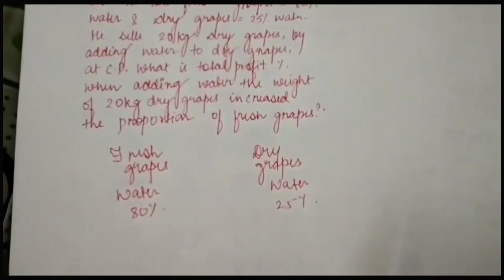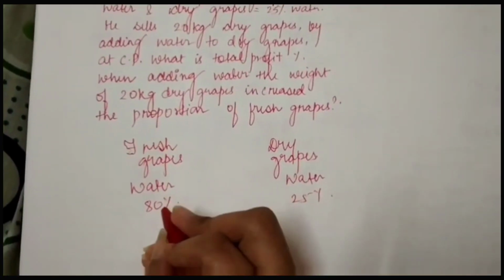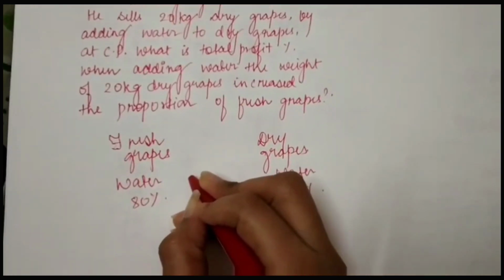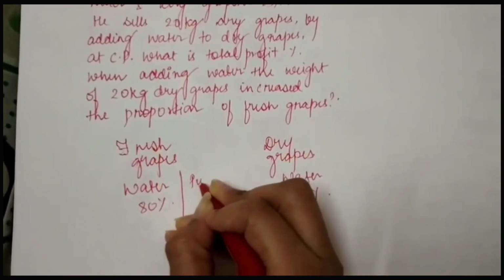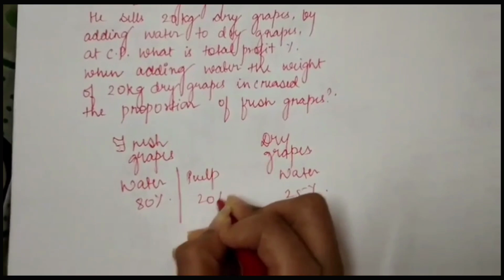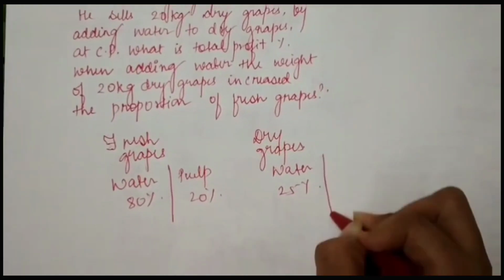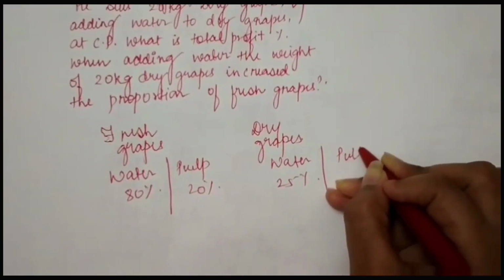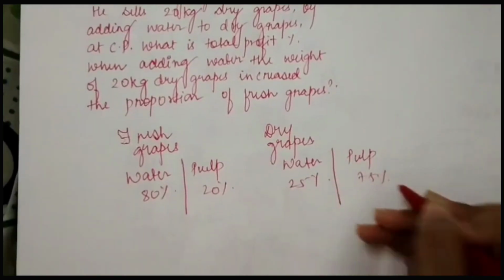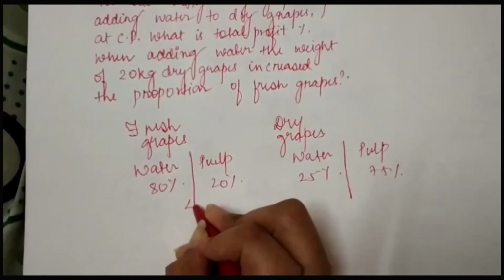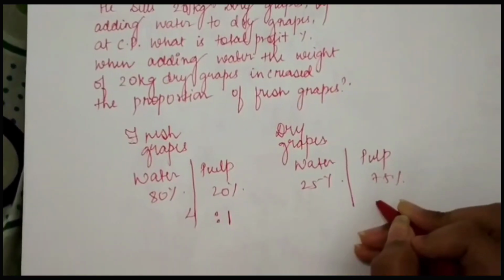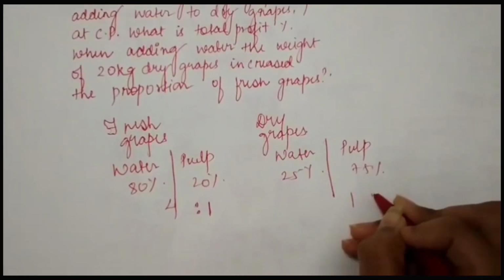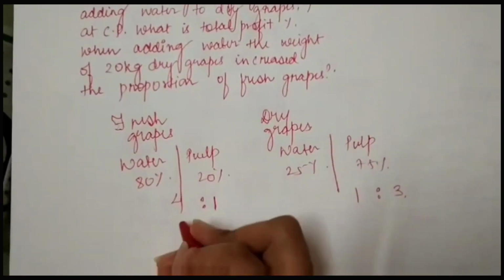Okay, now what do we have to write? 80% water means how much is the pulp? Pulp will be 20%, and here pulp will be 75%. Okay. So this ratio is 4:1, and this ratio is 1:3, right?